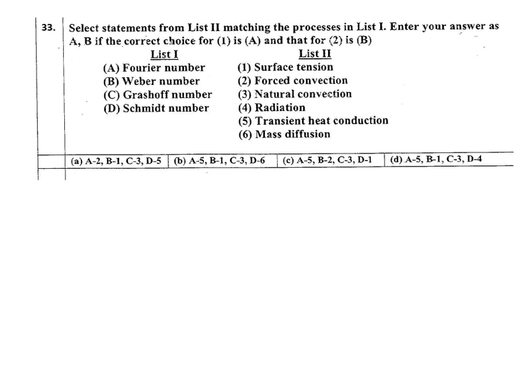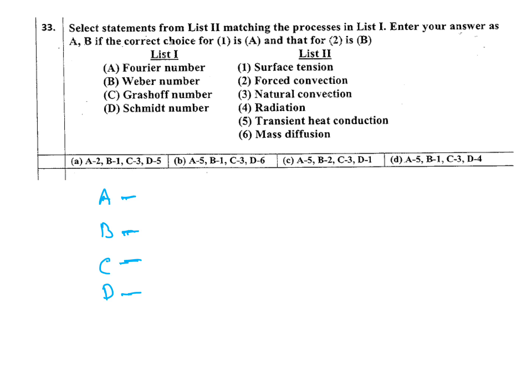List 1 and list 2 matching. A Fourier number, B Weber number, C Grashof number, D Schmidt number. All these numbers are already discussed in my separate video. You can check it in my playlist. For all the important numbers I made one separate video, so check that one also. It will be helpful.